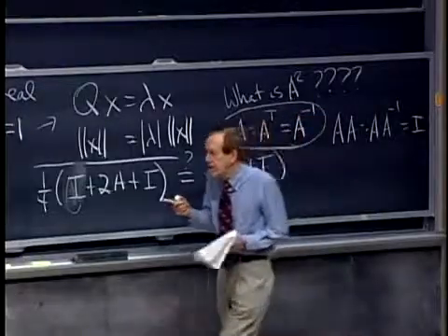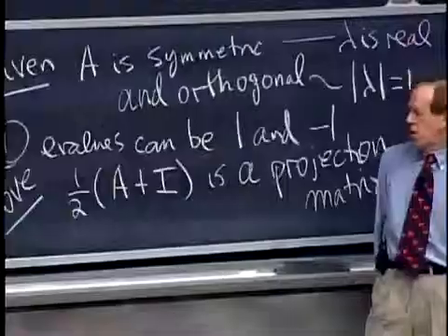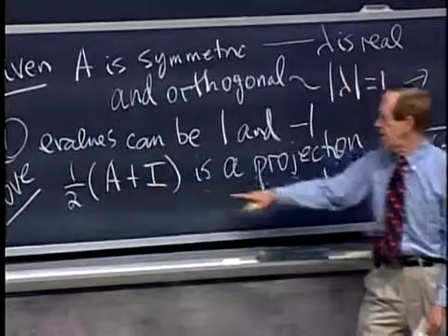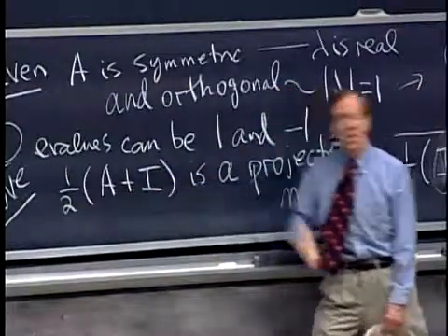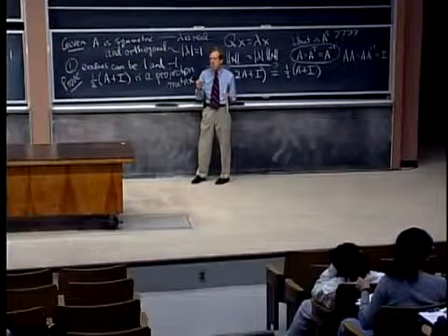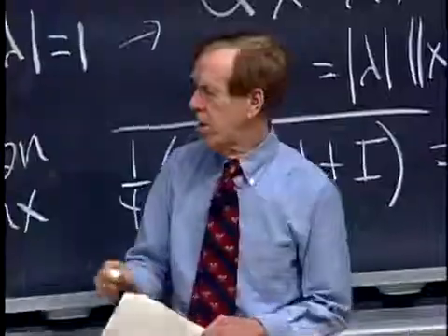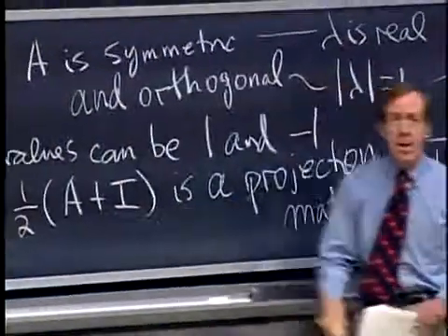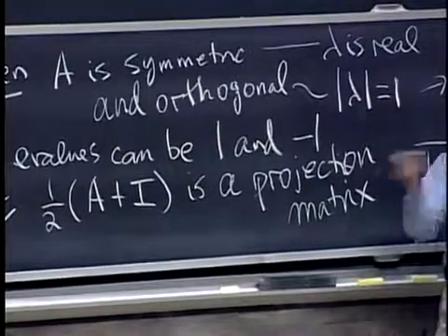And we could also have said, well, what are the eigenvalues of this thing? What are the eigenvalues of a half A plus I? If the eigenvalues of A are 1 and minus 1, what are the eigenvalues of A plus I? Just stay with it this last 30 seconds here. If I know these eigenvalues of A, and I add the identity, the eigenvalues of A plus I are 0 and 2.